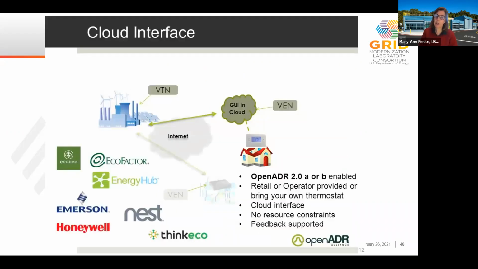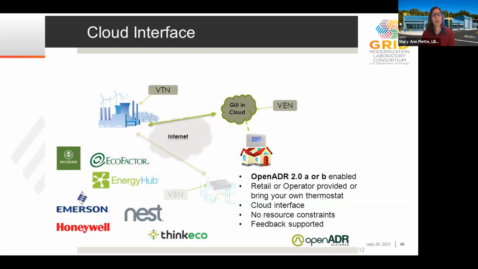Now, cloud interface, I want to make sure you understand the differences. OpenADR, when we first developed it for CNI buildings, we were focused on large, because the Zigbee was really the protocol of choice for SEP1 with smart meters and residential. But at this time, OpenADR is also being used in homes and in smart devices because the technology can go from a utility cloud to a vendor cloud.